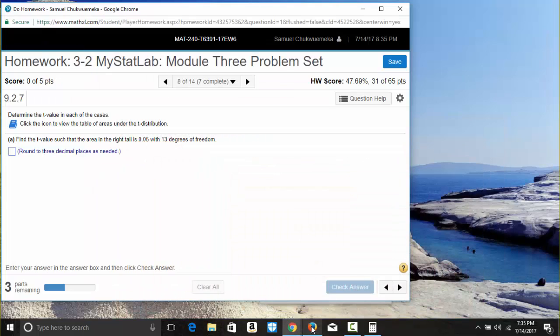We are here, the area, this means level of significance is 0.05. And because they say right tail, this test is one-tailed. If they say left tail and right tail, then it's two-tailed. But for this model, we are doing one tail.